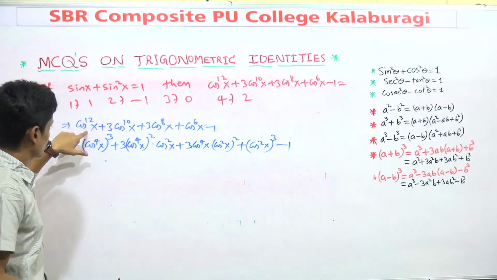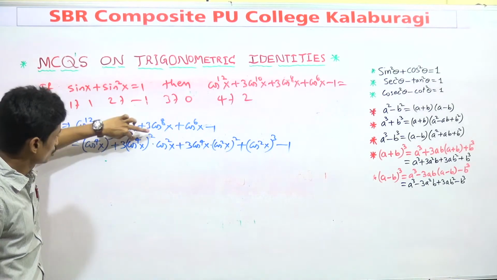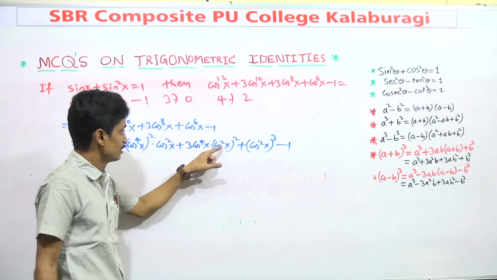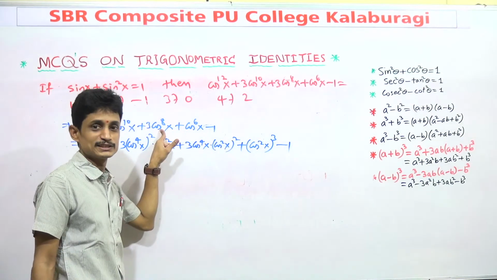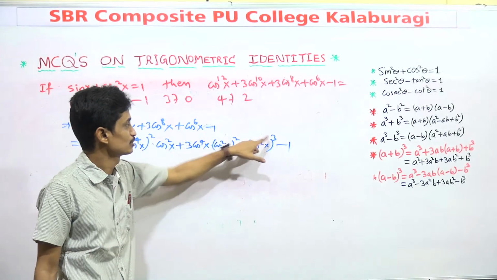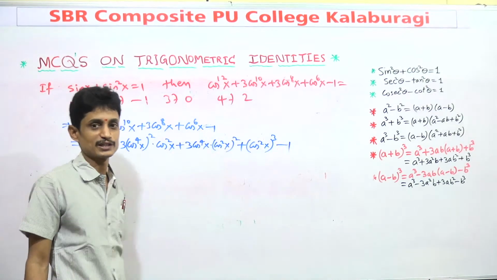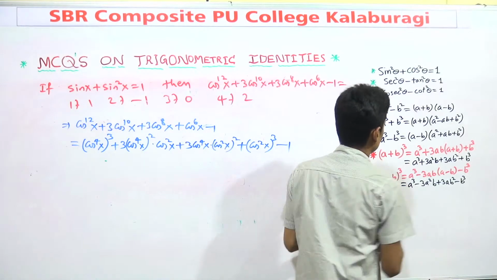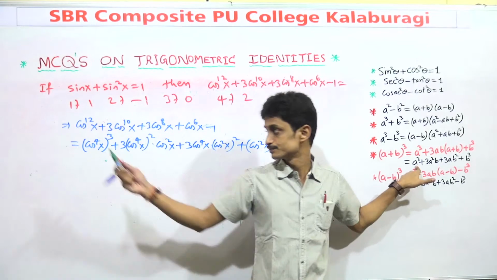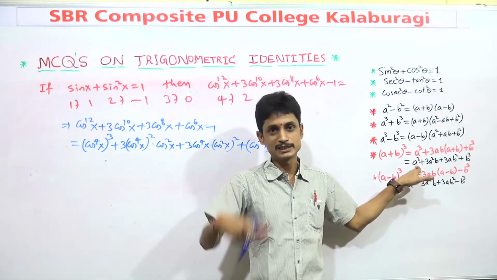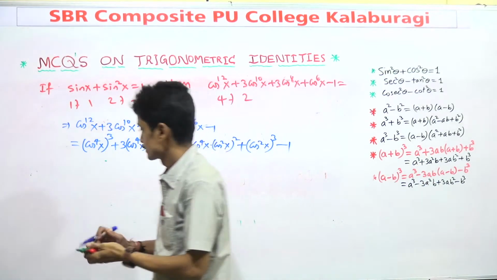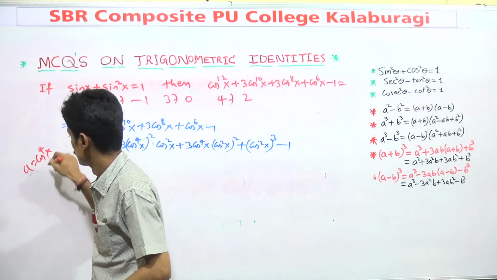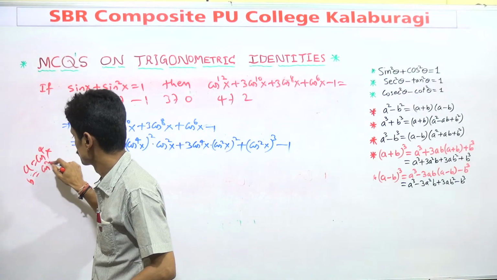4 3s is 12. First term is correct. 4 2s is 8, 8 plus 2 is 10, that is correct. And 2 2s is 4, 4 plus 4 is 8, correct. And this side 2 3s is 6, correct. Remaining constant as well. Now compare this complete expression to the formula. A cube, cos power 4 cube, means A value I assume is cos power 4x, B value I assume cos square x.